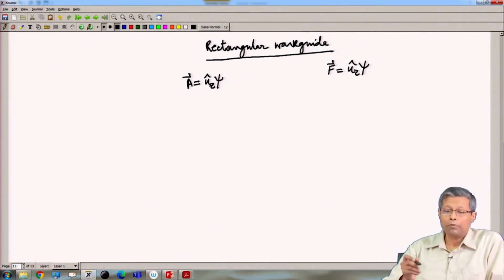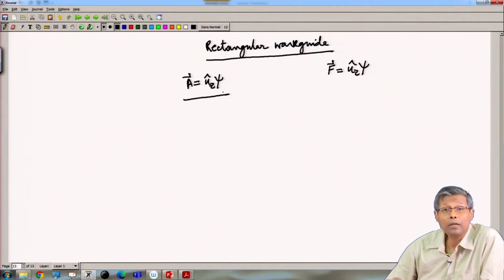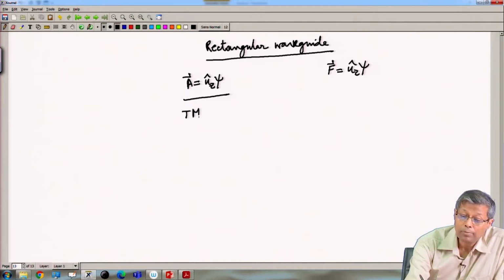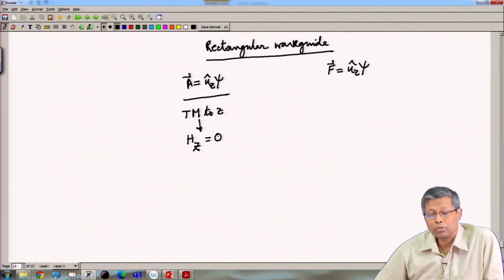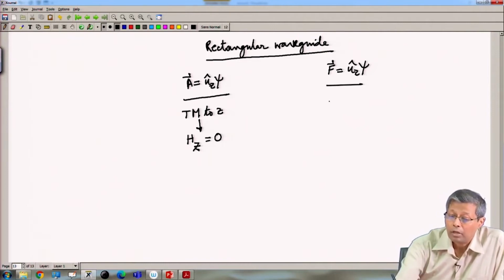For the case where the magnetic vector potential was z directed, it gave rise to a transverse magnetic to z mode, the mode for which Hz equals 0. For the electric vector potential case, the solution came out to be TE to z, for which the z directed electric field was 0.